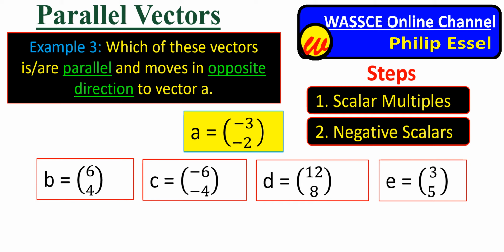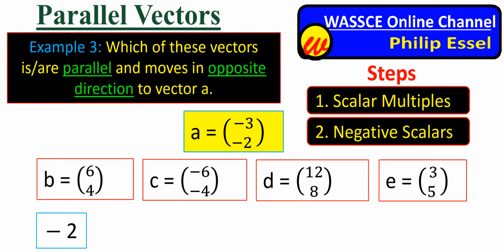Now, when we look at the 2 vectors A and B carefully, you realize that the vector B can be gotten from the vector A by simply multiplying the vector A by the number -2.